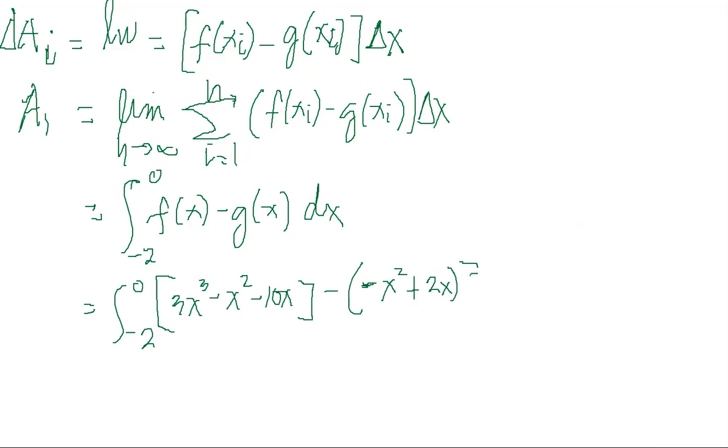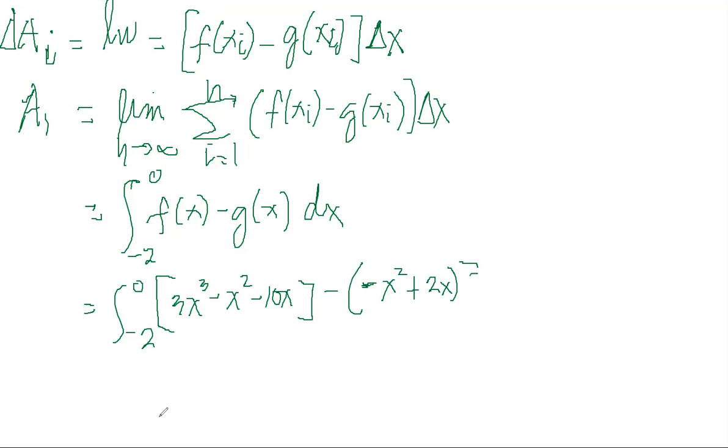If I'm not mistaken, let's check. G of x is -x squared plus 2x, and our f of x is 3x cubed minus x squared minus 10x. Yeah, we got it correctly.